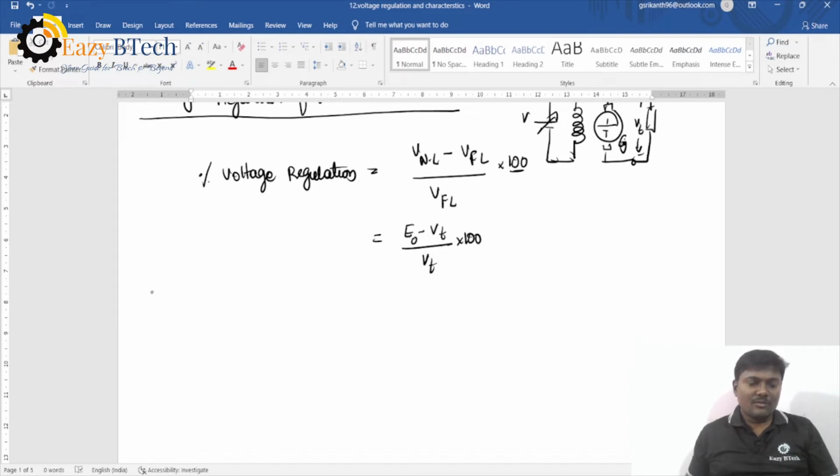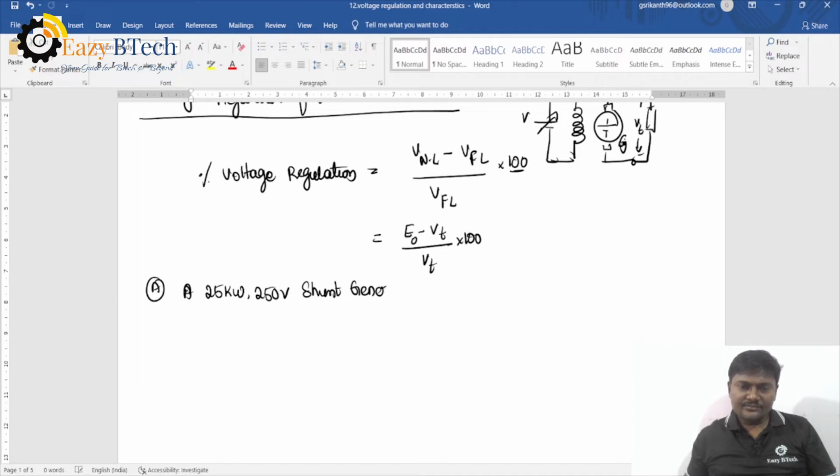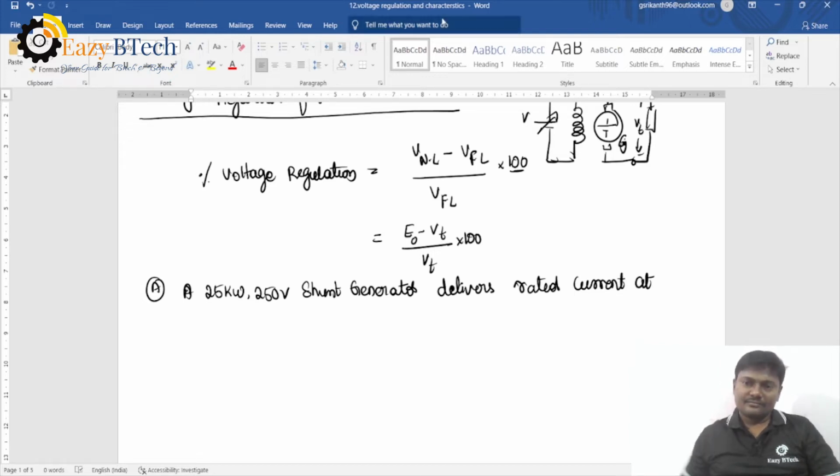So I will take one problem. A 25 kilowatt, 250 volt shunt generator delivers rated current at rated voltage.